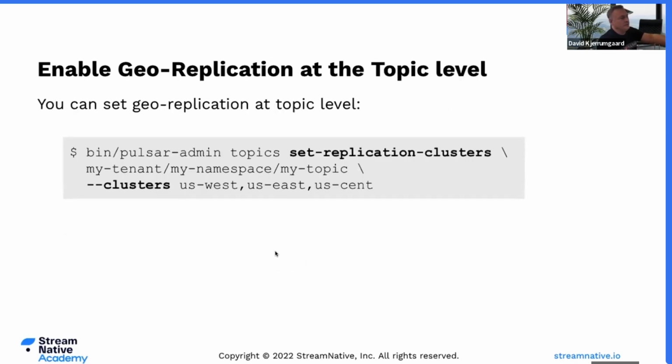If you further want to limit or expand where topic level replication occurs, you can do that as well. It's the same syntax using just the topics command rather than the namespaces. You can either make a bigger list or a smaller list, and you specify the entire topic name. So again, now any production on this particular topic with this replication gets replicated automatically across whichever clusters you specify. So that's really all that has to be done.